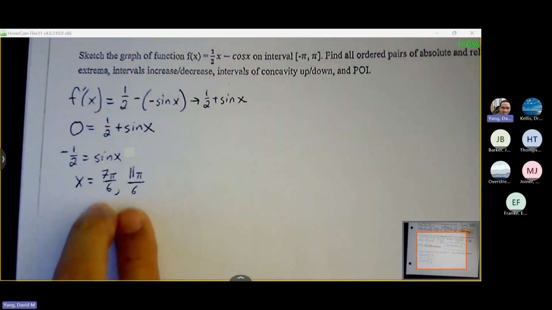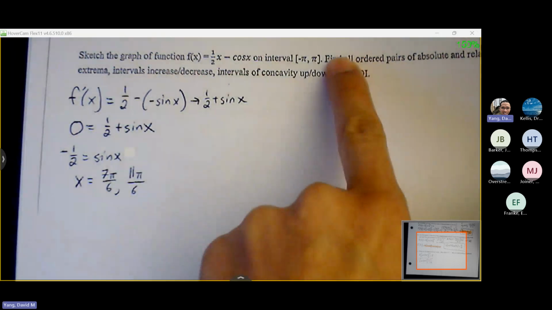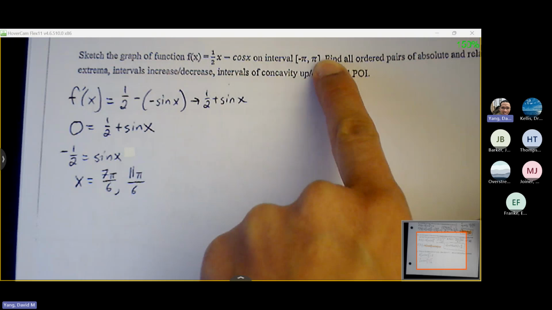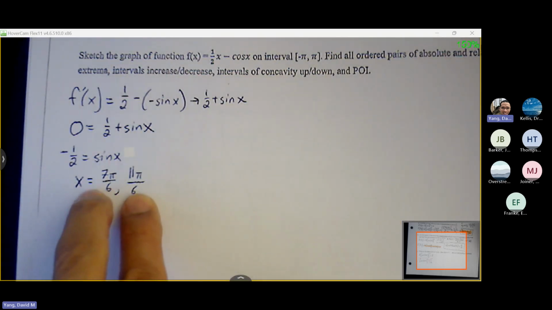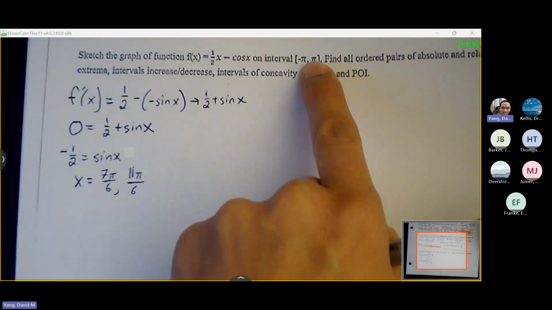But if you think about where these values live to the right of pi, it doesn't quite fall inside that interval. So we subtract 2 pi from these to see if we can find any coterminal angles that live between negative pi and pi.